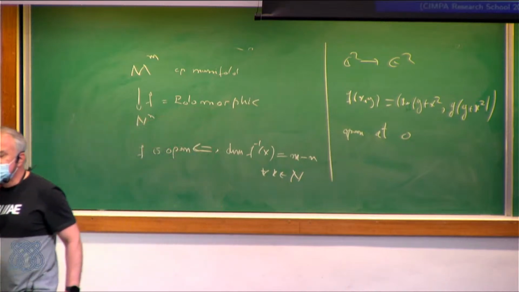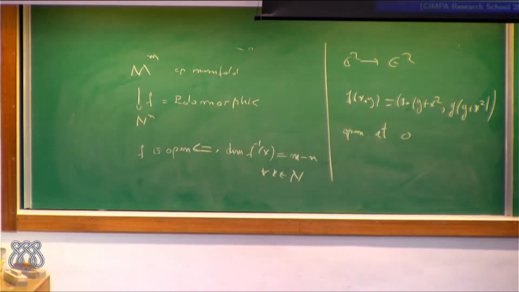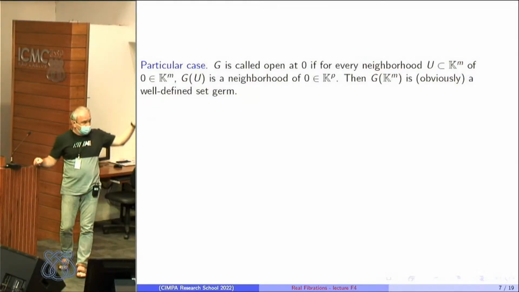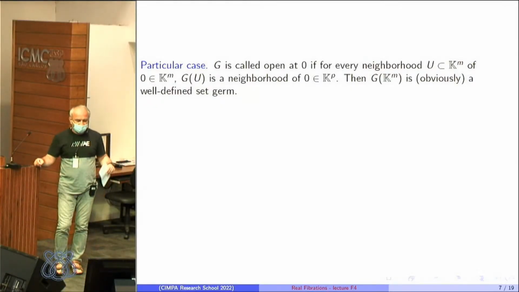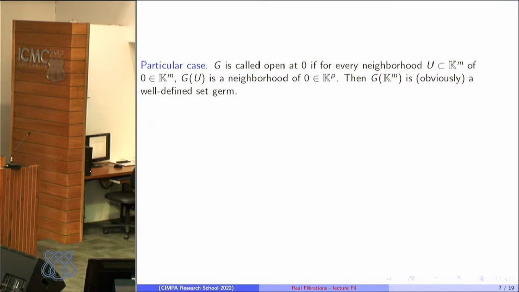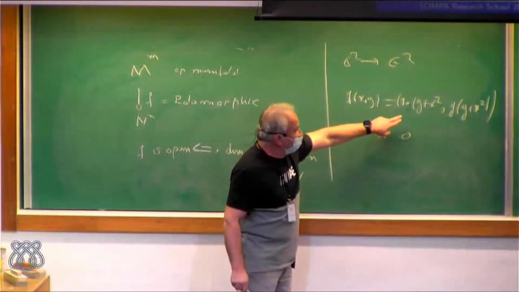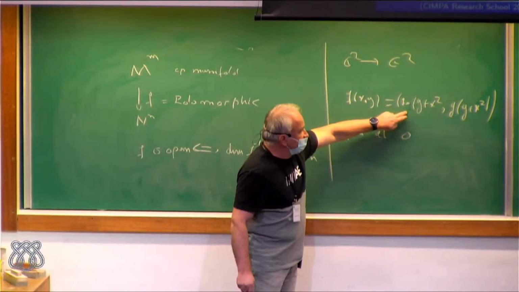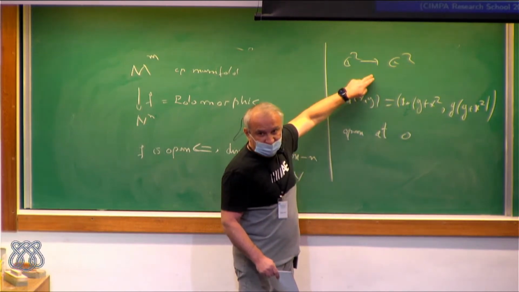This phenomenon was noticed a long time ago by Alan Huckleberry in the 70s. But in one of the papers with Mihai that I wrote at the beginning, we have a way to produce many examples. So there are many examples of functions from C^2 to C^2 that have fibers of dimension 1, and they're still open at the origin.